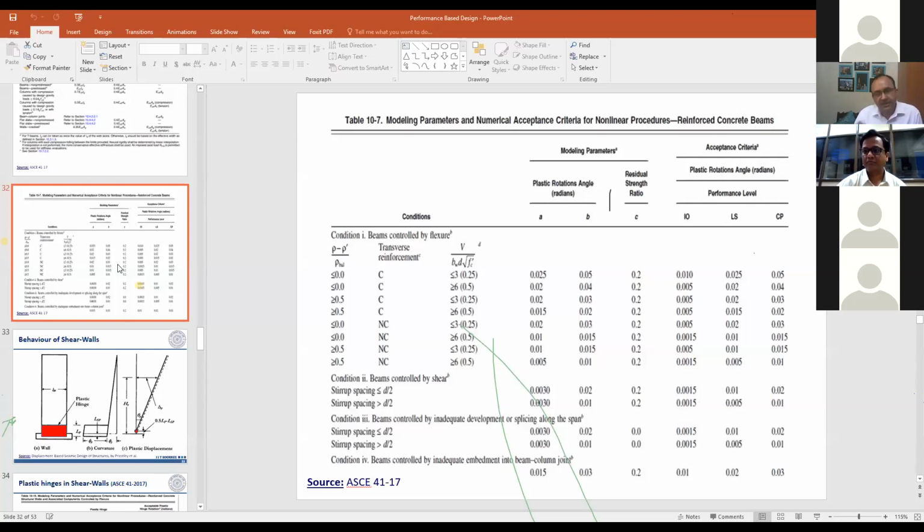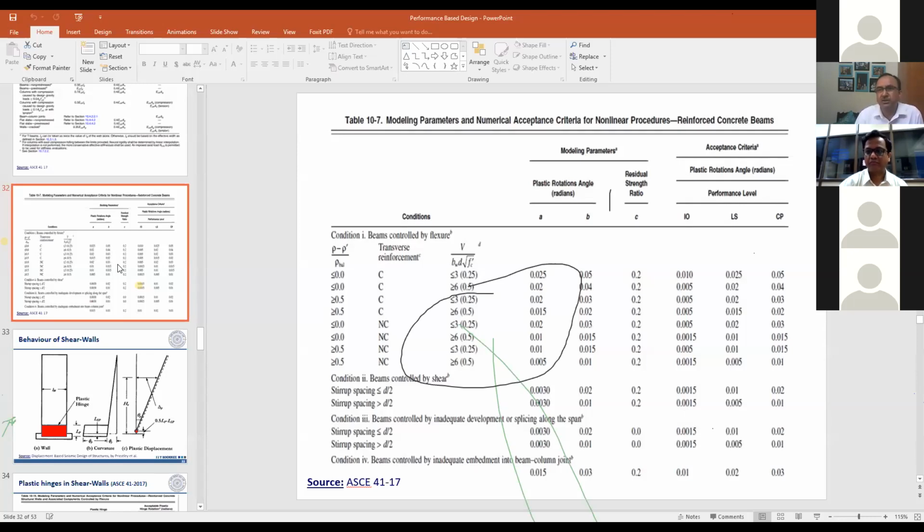But there is an alternate way of looking at it, that is in terms of interstory drift. The global collapse of the structure is controlled by interstory drift. But such limits of performance levels in terms of IO, LS and CP are not available in terms of interstory drift. Some values are available for collapse prevention, but that also varies from building to building.